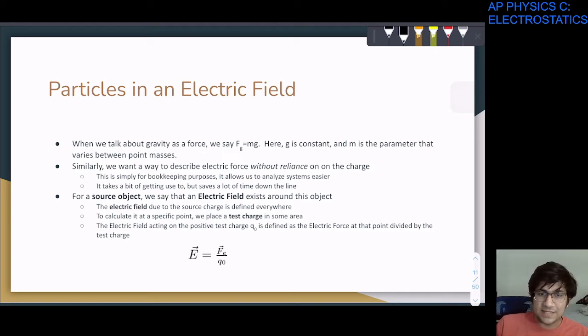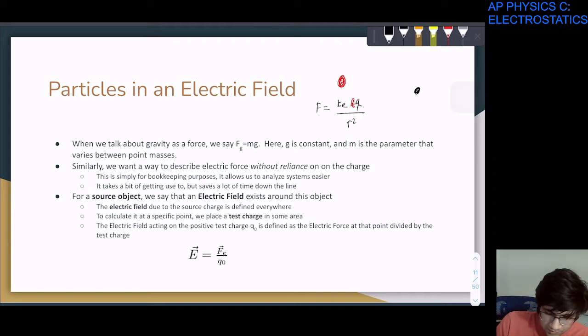Right now, if you have a two-charge system, every time we apply Coulomb's law, we're doing F equals K sub E times Q1 times Q2 divided by R squared. We always have a dependency on both charges. And just to make things simpler, we want to avoid having dependency on the test charge that we're placing around.